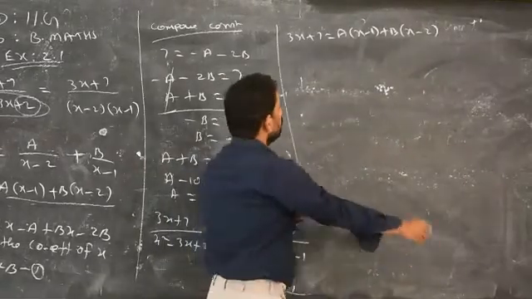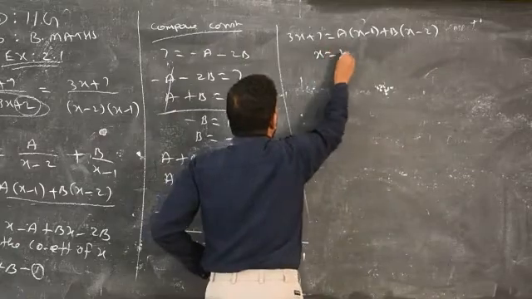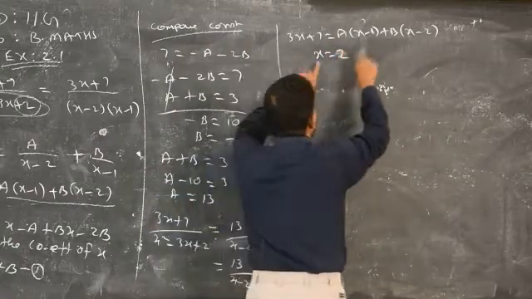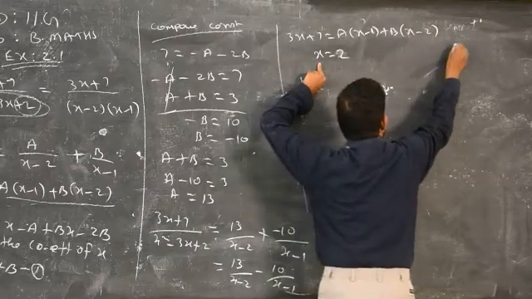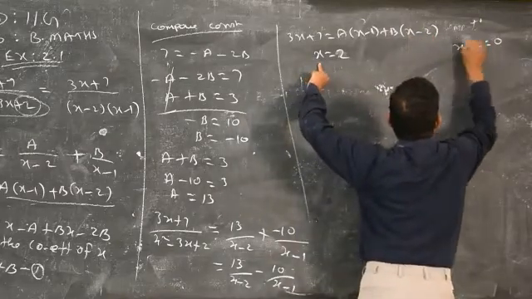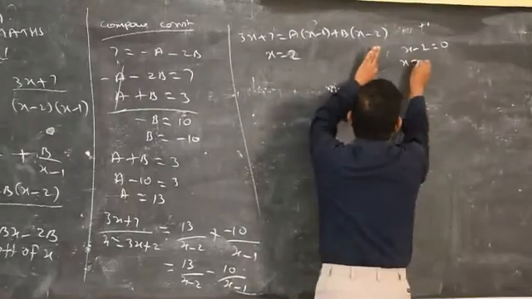How does it become 0? When you replace x by 2. See the factor x minus 2; I would like to make x minus 2 as 0, which means you consider x minus 2 is equal to 0 and x is equal to 2.